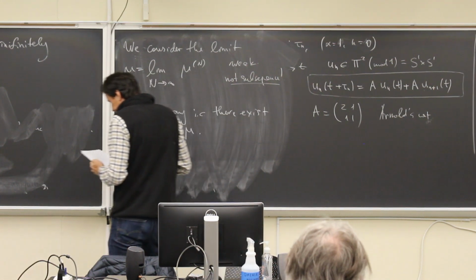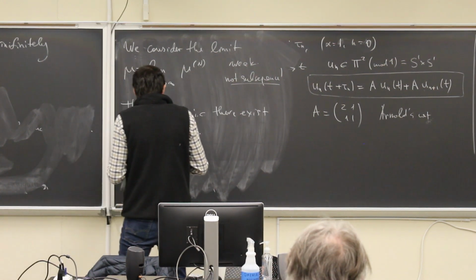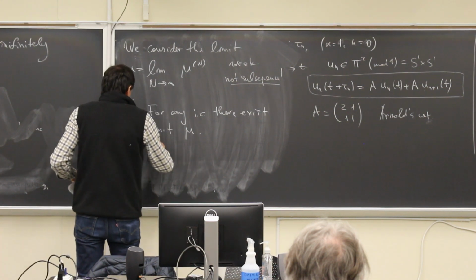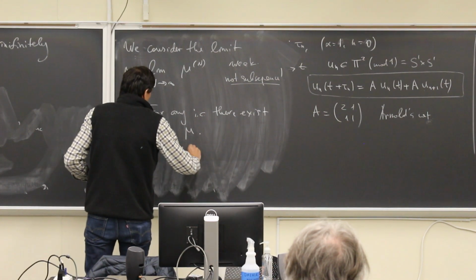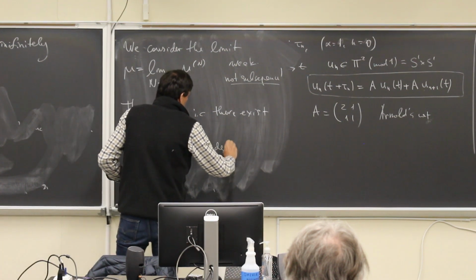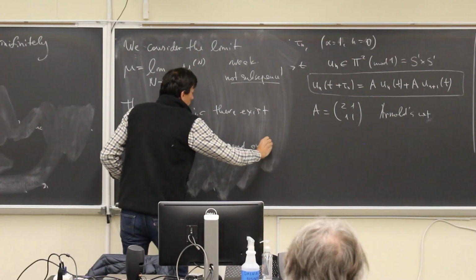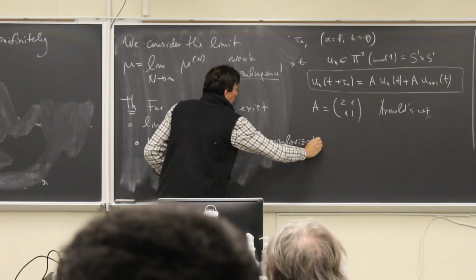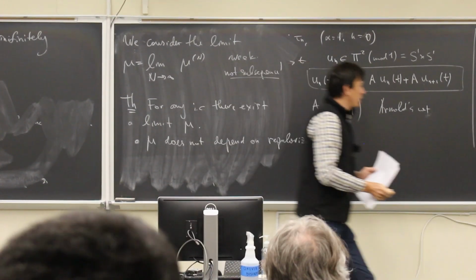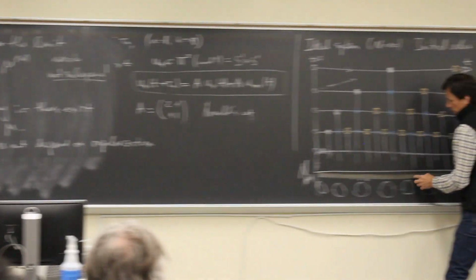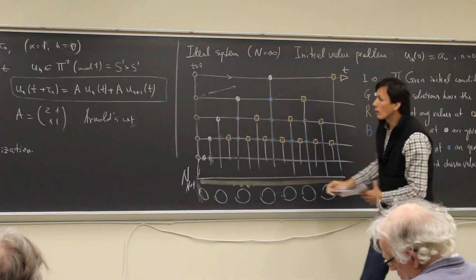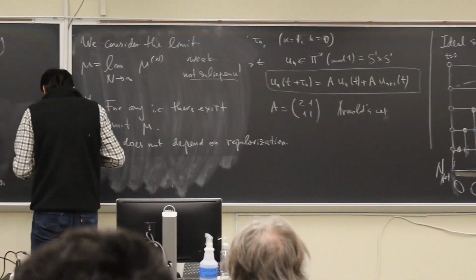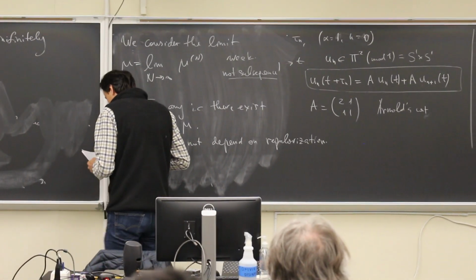And first, the properties. So mu does not depend on regularization. This doesn't care what the distribution of these random numbers is. Well, the first property is implied by others, but it's a good property.